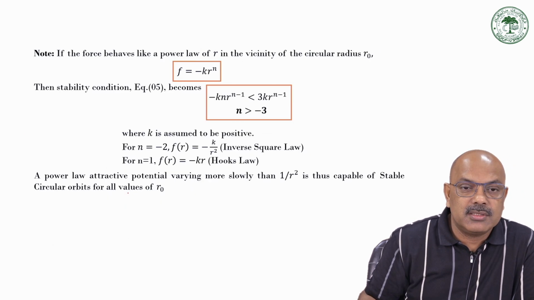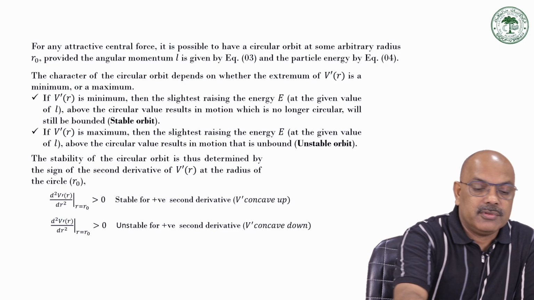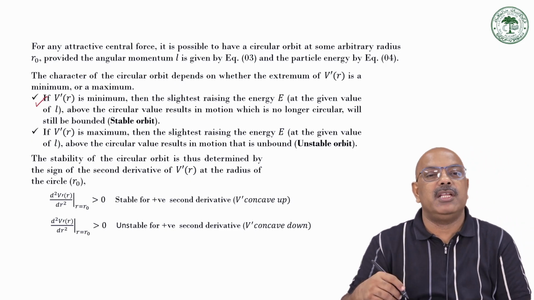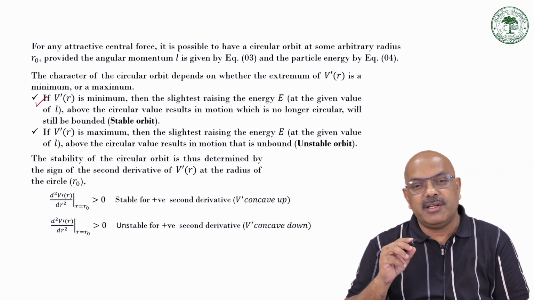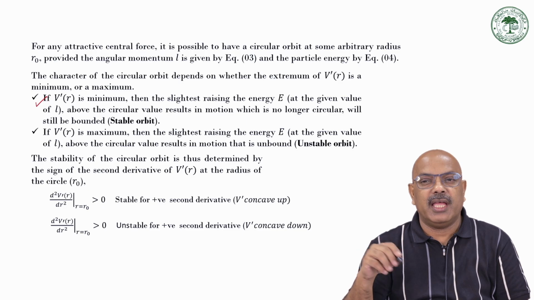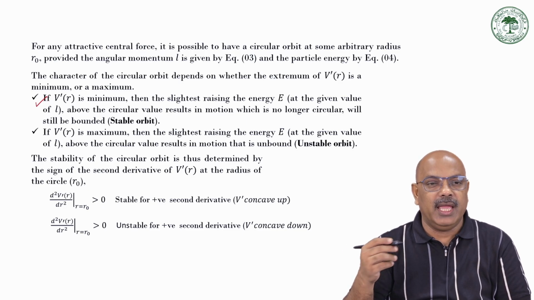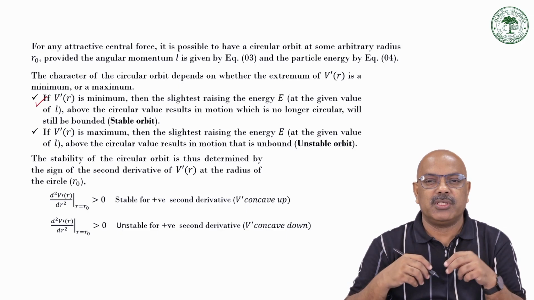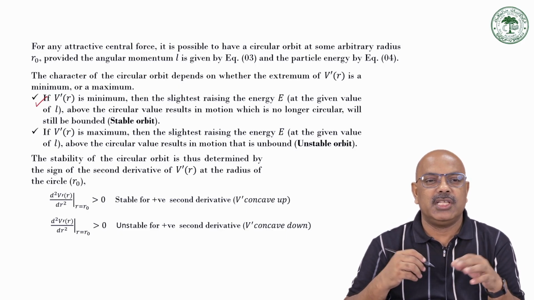Okay, because if you see this condition, if V(r) is a minimum, and we slightly raise the energy at the given value of L, above this circular value, it results in motion which is no longer circular, but will still be bound.